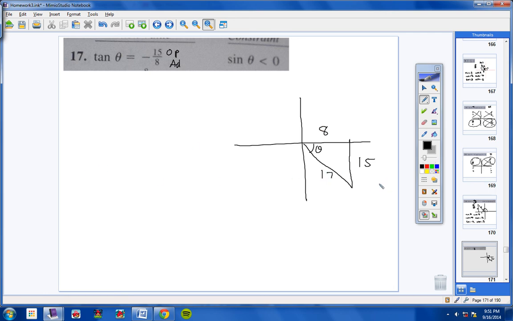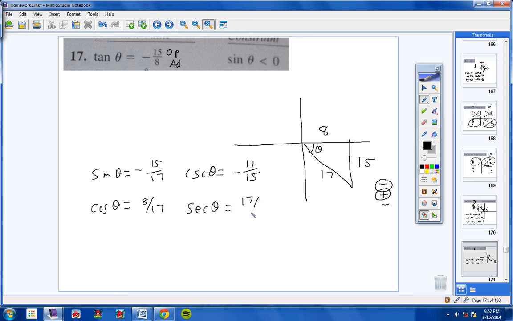The sine sequence over here is negative, positive, negative. So sine of theta would be negative, and it would be 15 over 17, opposite over hypotenuse. And so the reciprocal function cosecant of theta would be negative 17 over 15. It's negative because of this. Now cosine of theta will be positive, adjacent over hypotenuse, 8 over 17, and so the reciprocal function secant will be 17 over 8.